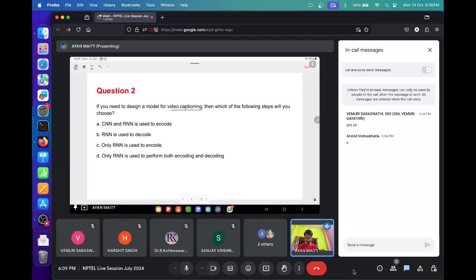Option C says only RNN is used to encode, and option D says only RNN is used to perform both encoding and decoding. More than one option may be correct in this question.